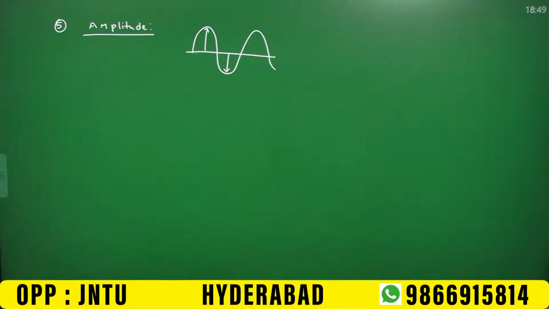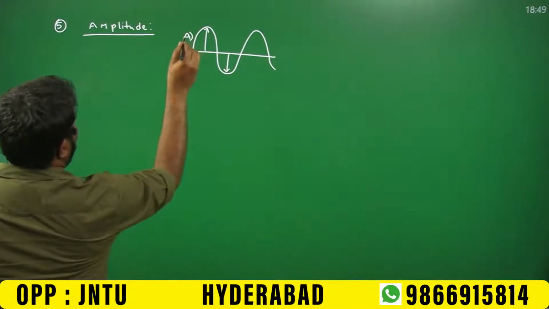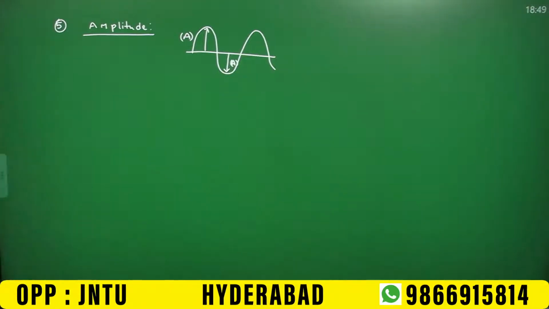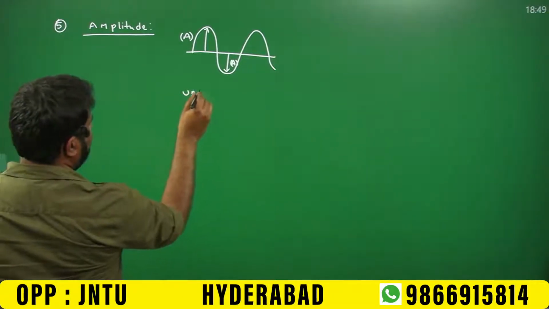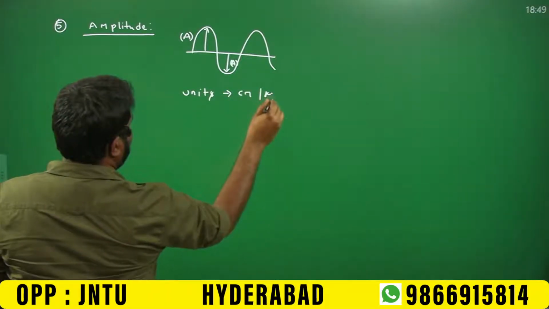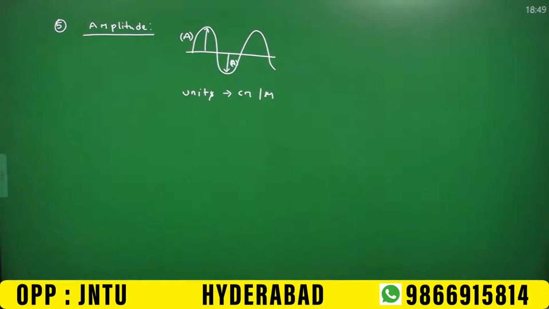We denote amplitude with the symbol A. Height or depth, what are the units? Centimeters or meters.